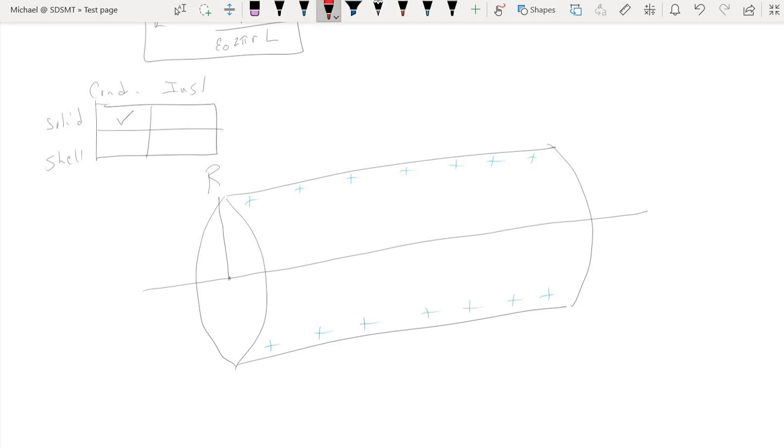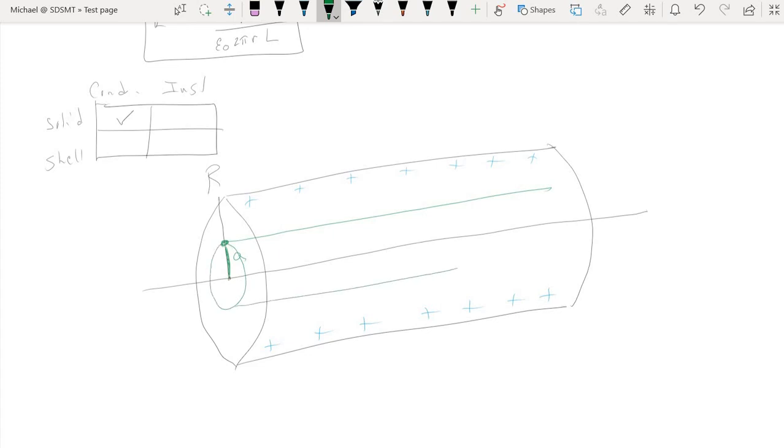And now we want to measure the electric field at some radius of A inside of the cylinder. Well, just like before with the sphere, we're going to map out a surface that exists at every radial value of A.